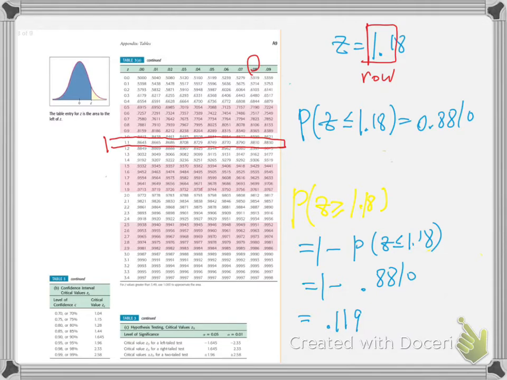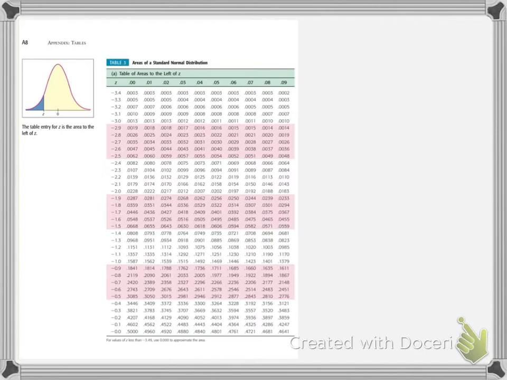Now let's move to the negative side. If the cutting line is negative, let's look at z equal to negative 2.26. In this case, the blue area is smaller. The number in table 3 means the area to the left of the cutting line.